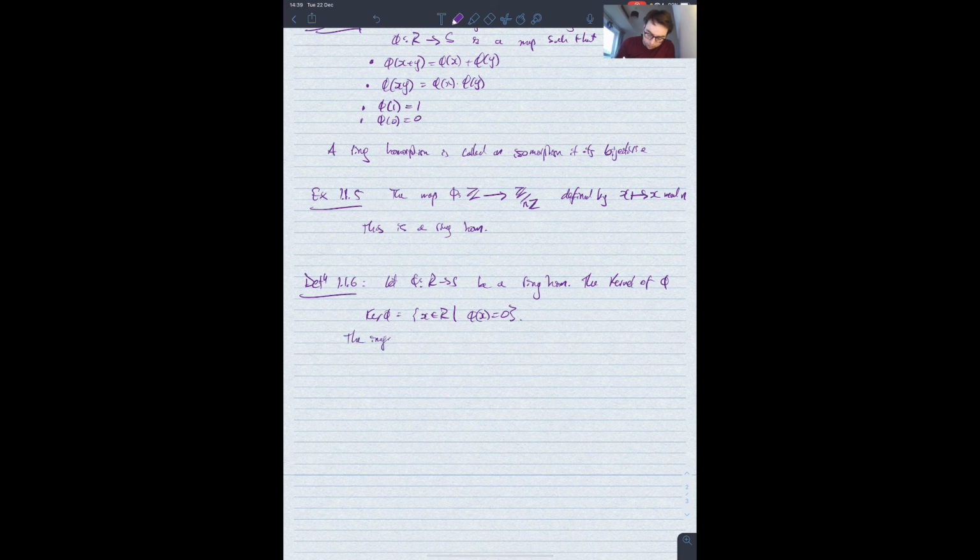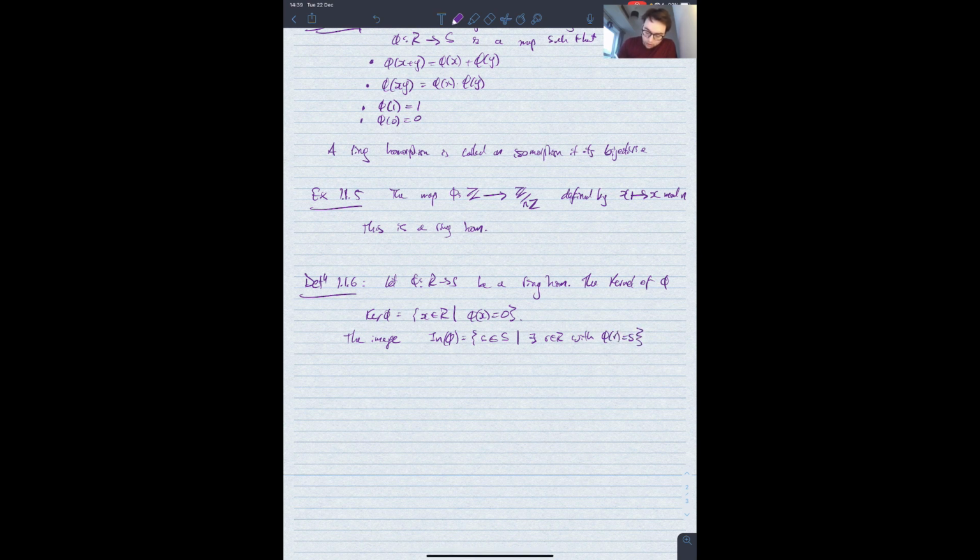The image, denoted im phi, is the set of all s in S such that there exists an r in R with phi of r equals s.